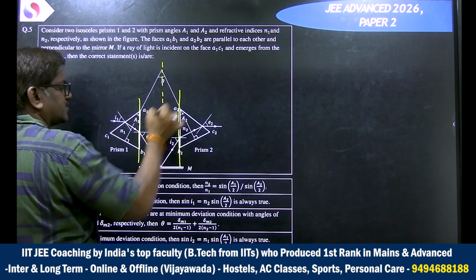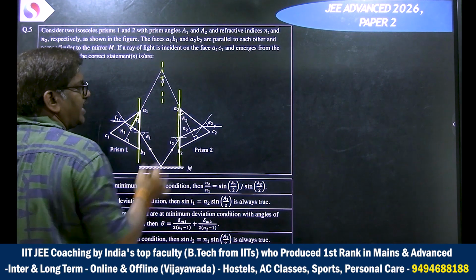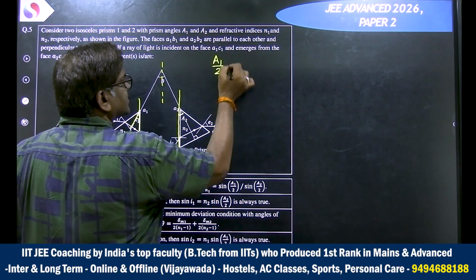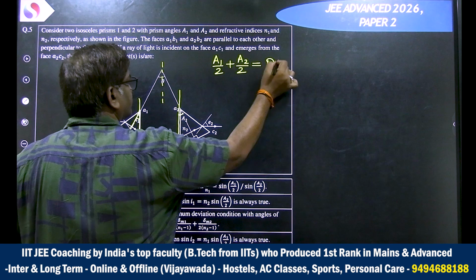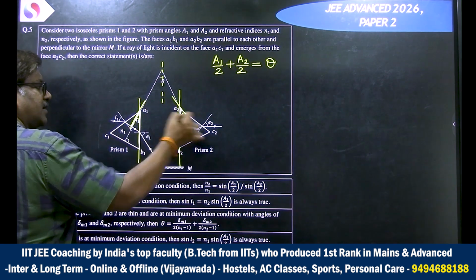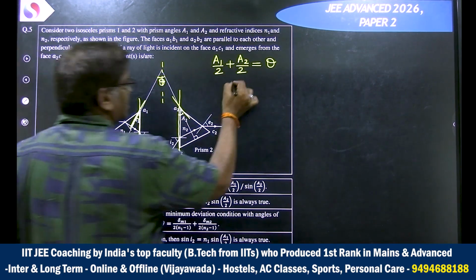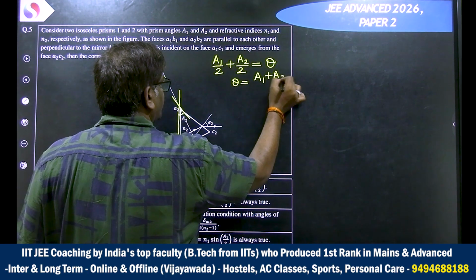That means if this angle is A1 by 2 and this angle is A2 by 2, then A1 by 2 plus A2 by 2 will be your angle theta. As you can see in the diagram, the sum of these angles equals theta. So the first relation you get is theta equals (A1 plus A2) by 2.